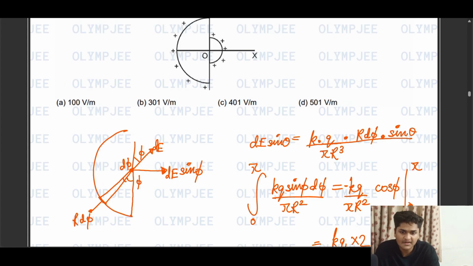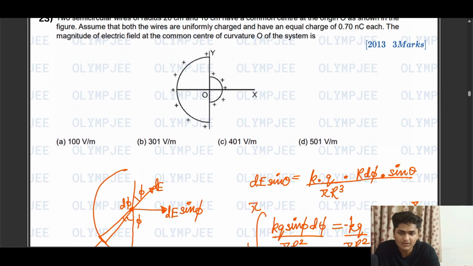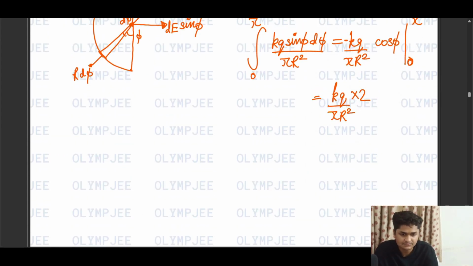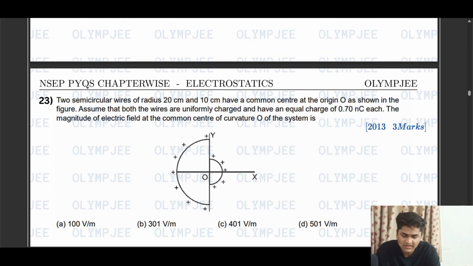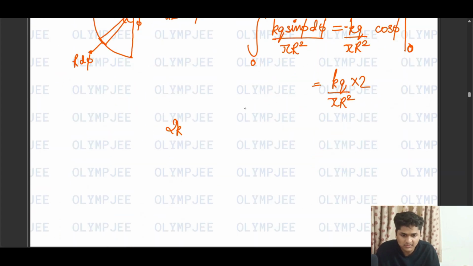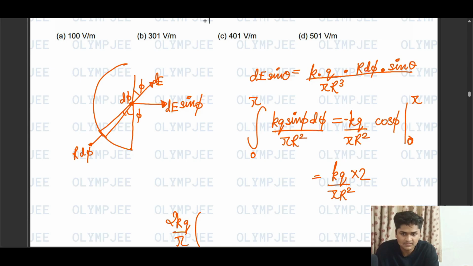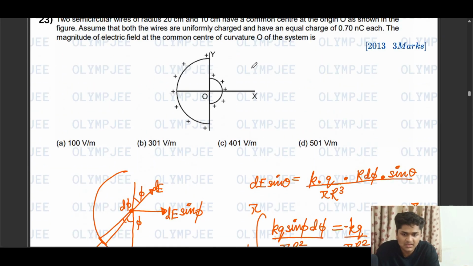So now we need to find the field at the common center. It would be given by 2k, and they have equal charge, so q is common, by pi. Since this radius is small, the denominator will be smaller for this, so the field will be in this direction.